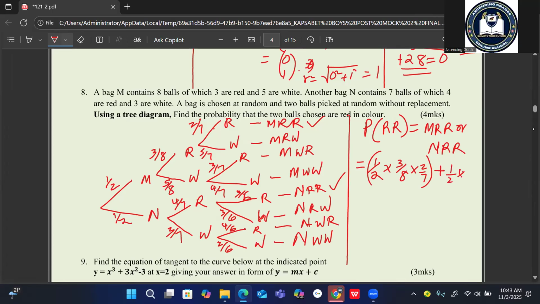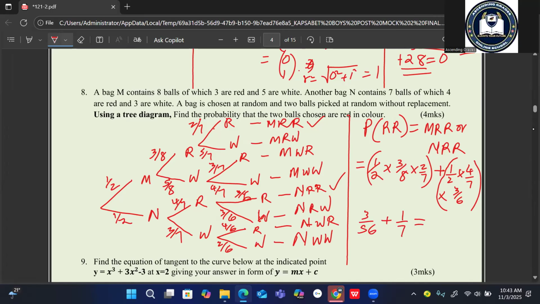We multiply it by 4 out of 7, then by 3 out of 6, which gives us 3 out of 56 plus 1 out of 7.